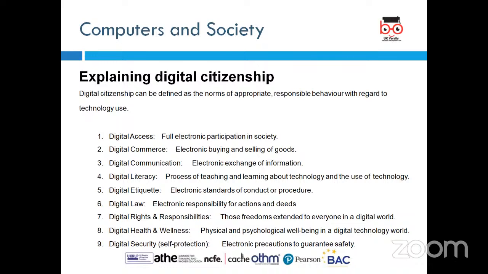Then we have digital literacy and digital ethics, where we have morals and we cannot invade these privacies. And also we have digital law, which is electronic responsibility for actions and deeds. And then we have digital rights and responsibilities, those freedoms extended to everyone in a digital world.